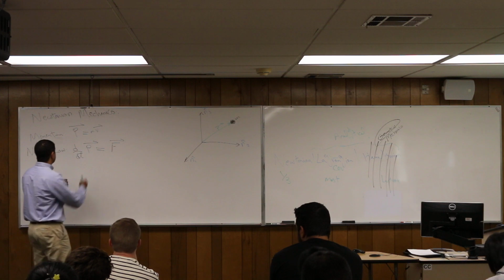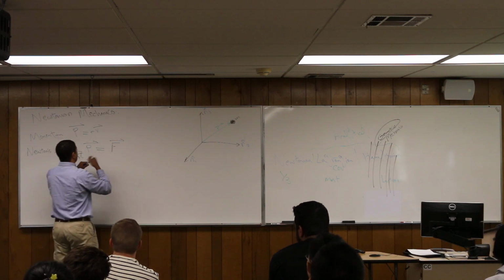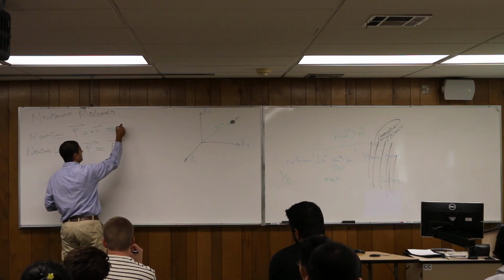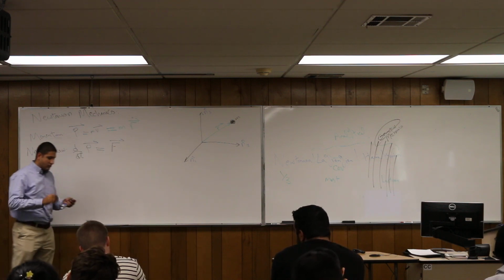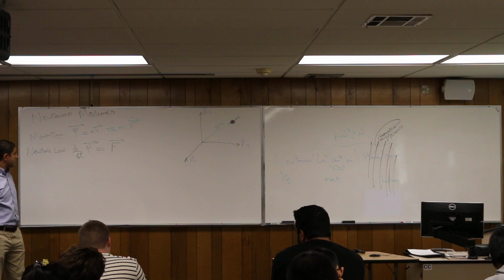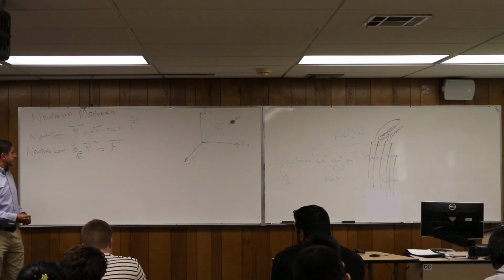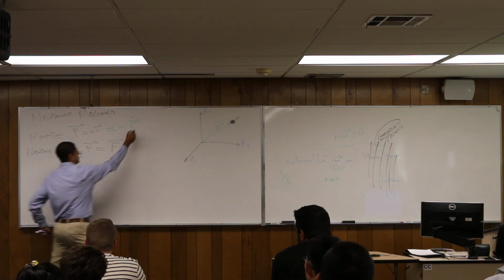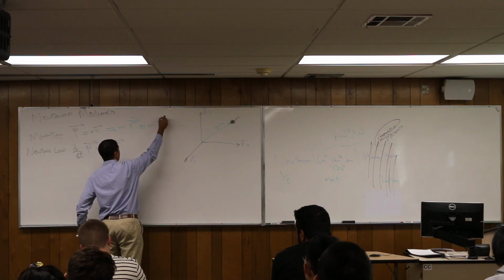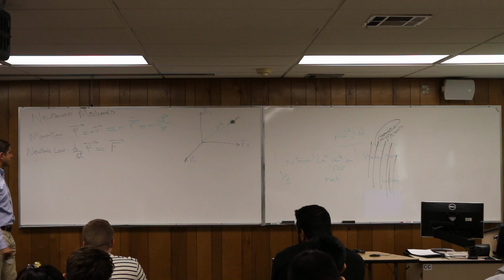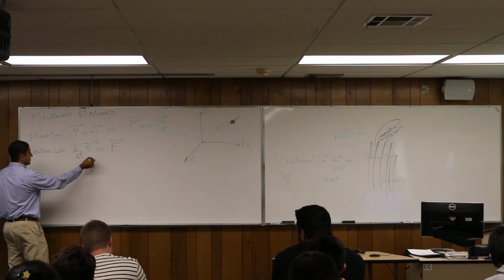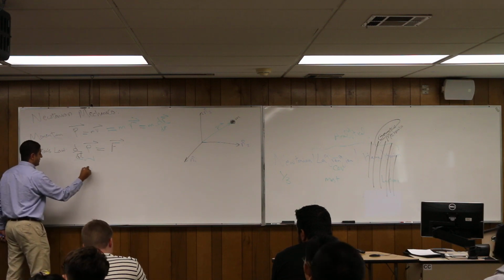So actually this linear momentum is mass times velocity, which means the velocity is the rate of change of the position, right? And it's m dr by dt. So whenever I write r dot, any dot means time derivative. So this is simply p dot, right?